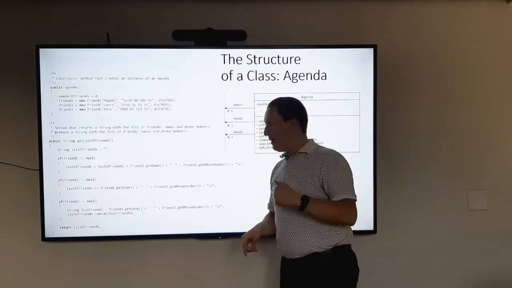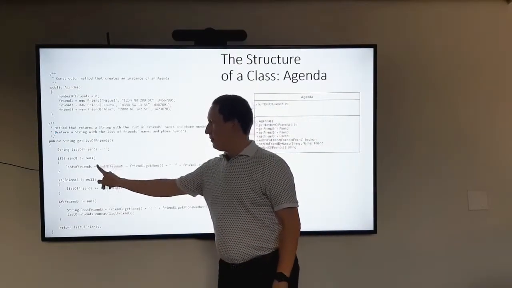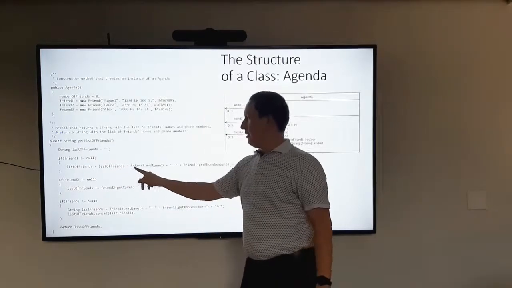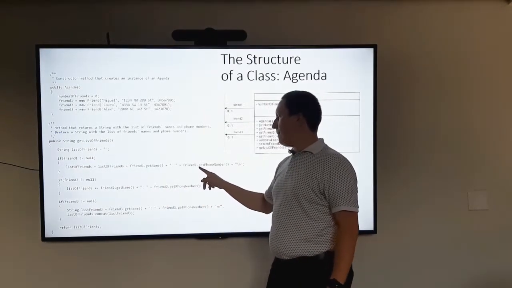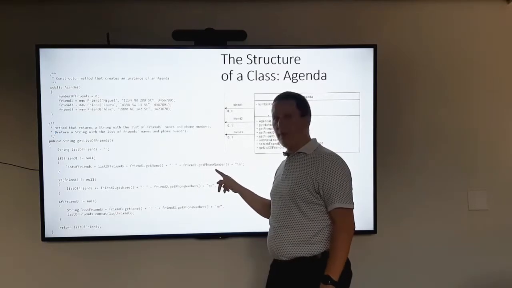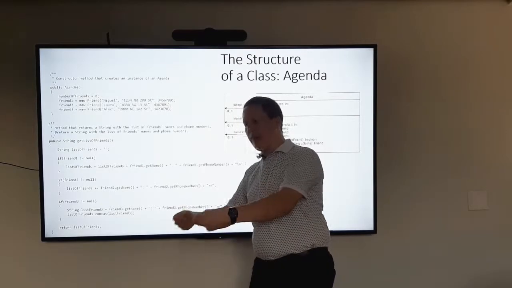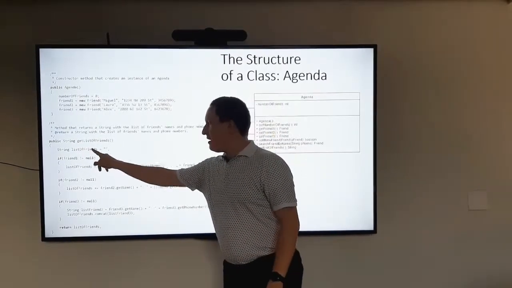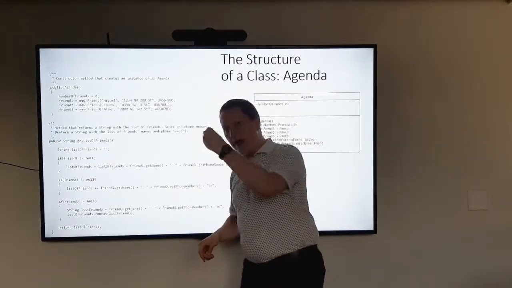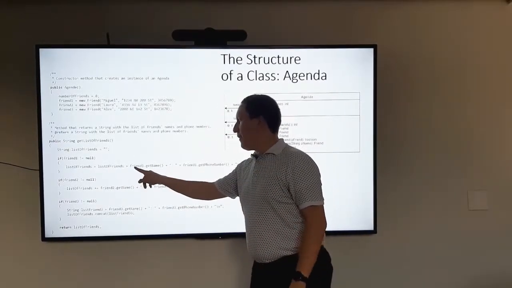To my text, add friend 1's name followed by friend 1's phone number. And this is done by asking friend 1 to give me its name. So my list is going to be complemented by friend 1's name.